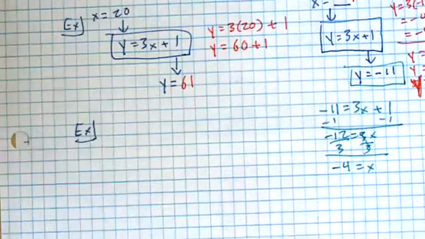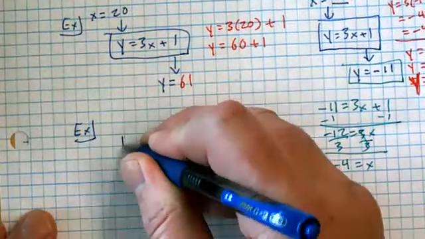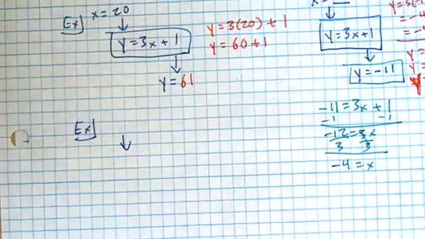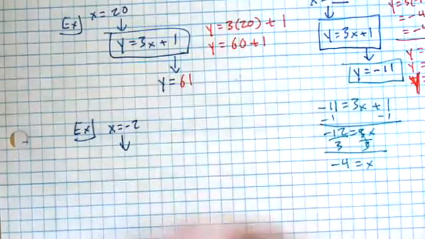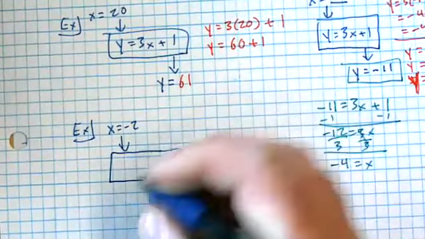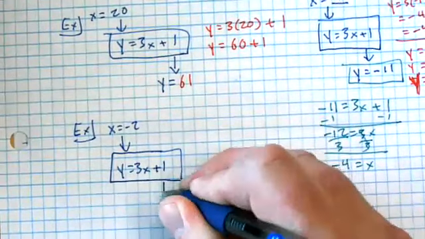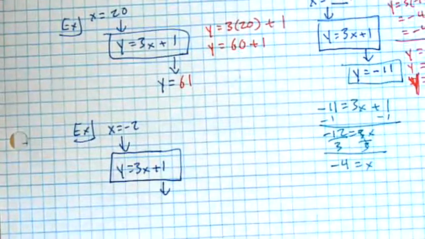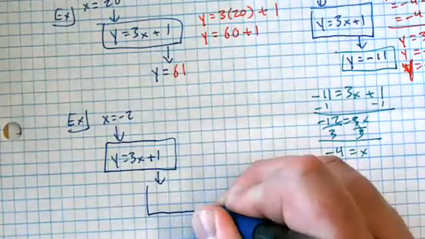All right, this one's kind of important. This is one of our lesser learning targets today. I'm going to give you an input. Our input is going to be -2. And it is going to go into this same function. But rather than just taking the output from that, I'm going to take this machine and I'm going to hook it up to another machine.